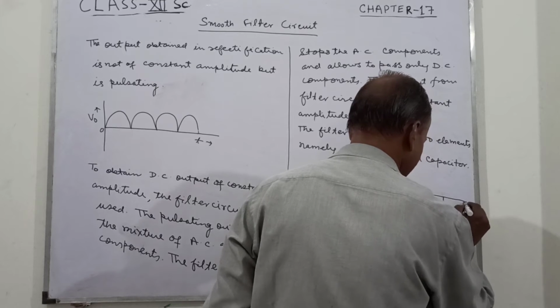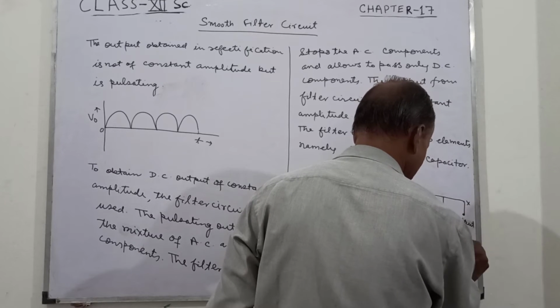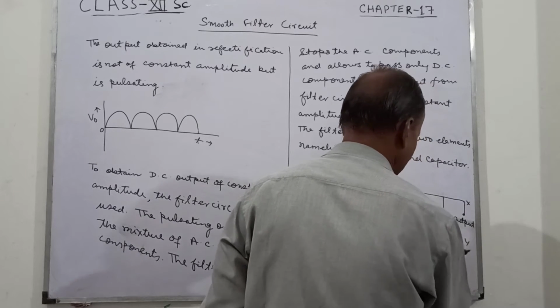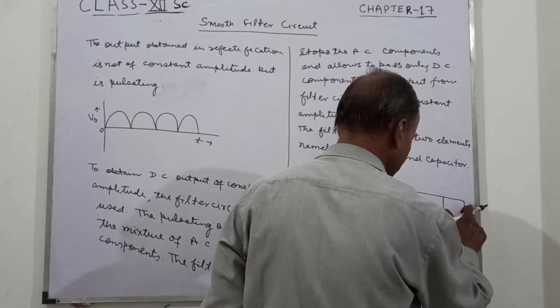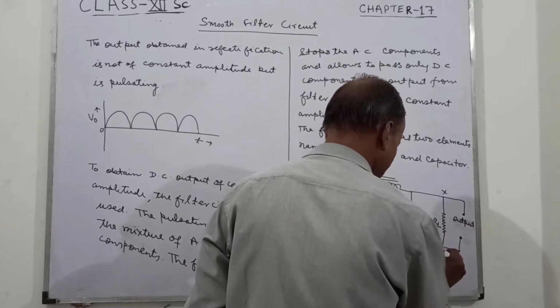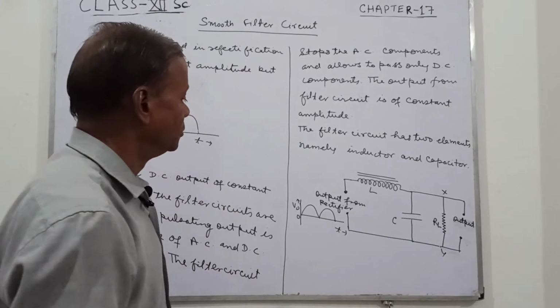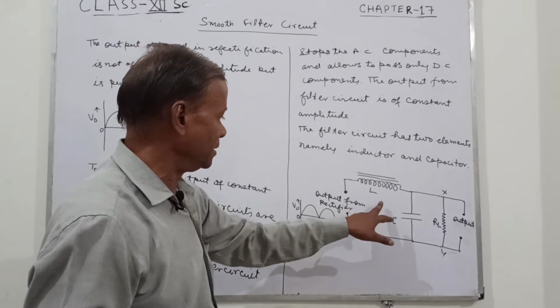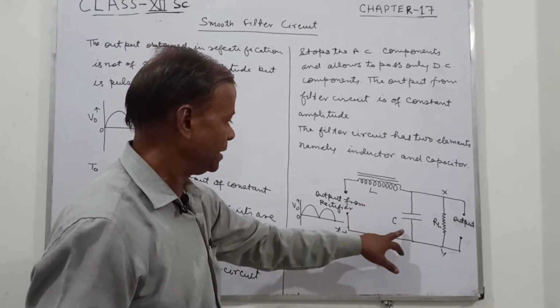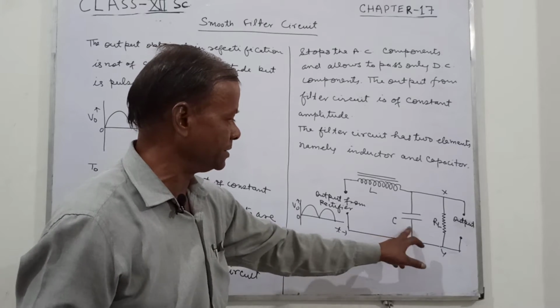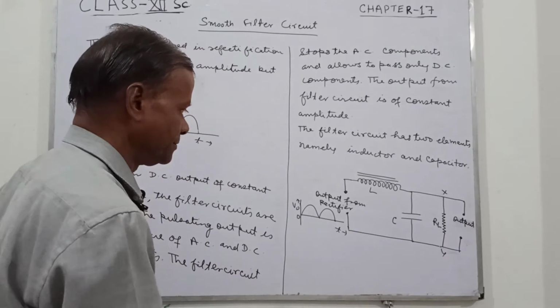Suppose this is your X and this is now your Y. So across this X and Y, the inductor is in series and this capacitor is in parallel with the load resistance.